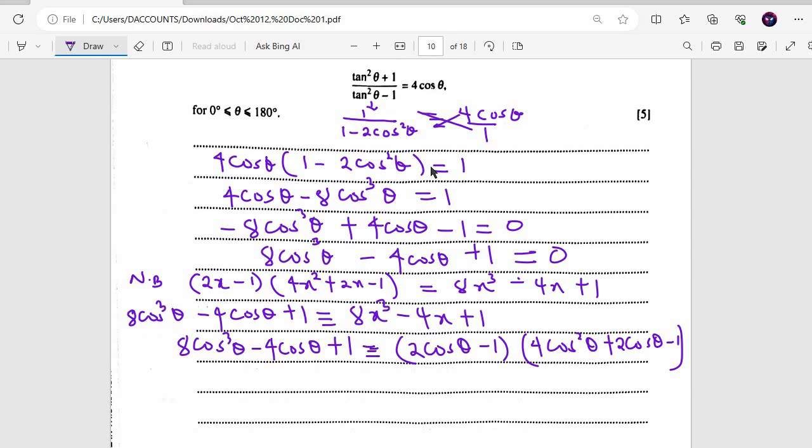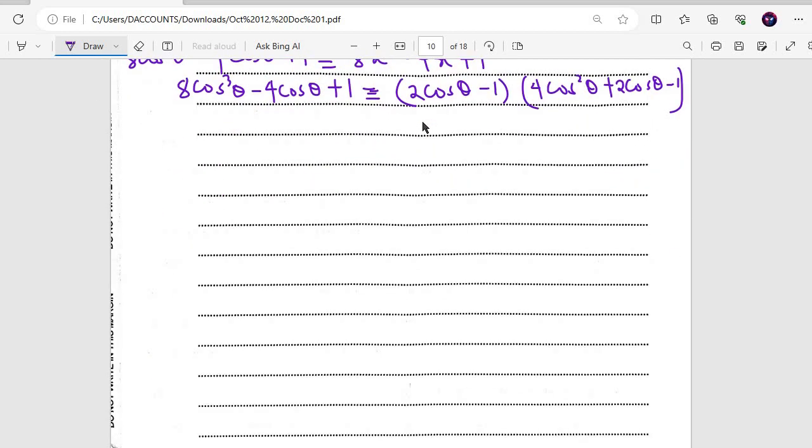So remember that when you break it down, the main equation is equal to 0. Which means that 2 cos theta minus 1, 4 cos squared theta plus 2 cos theta minus 1 is equal to 0.